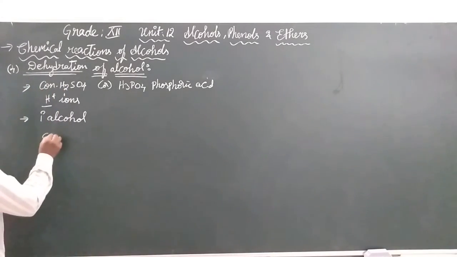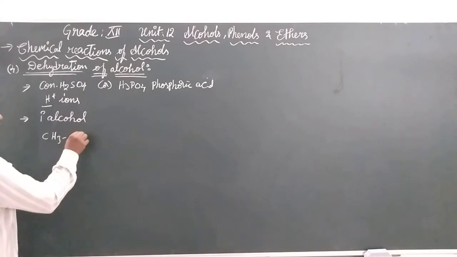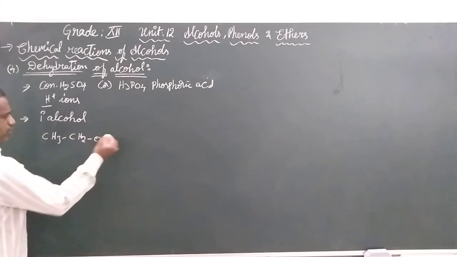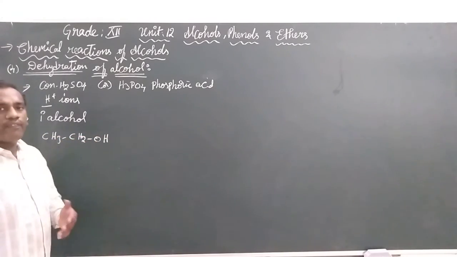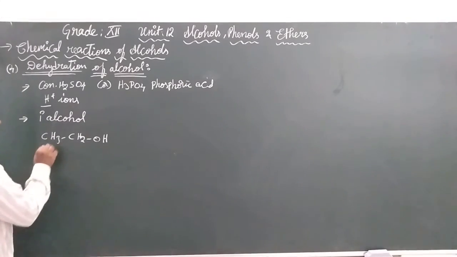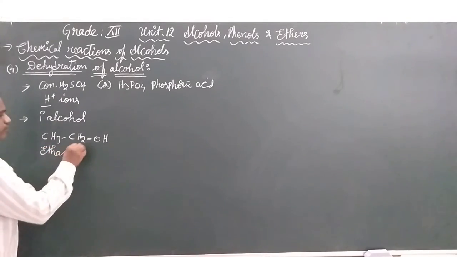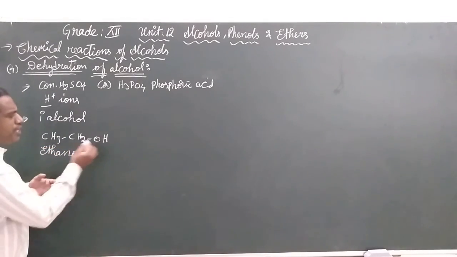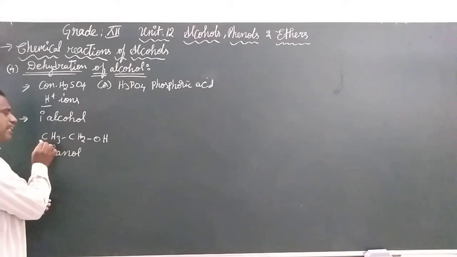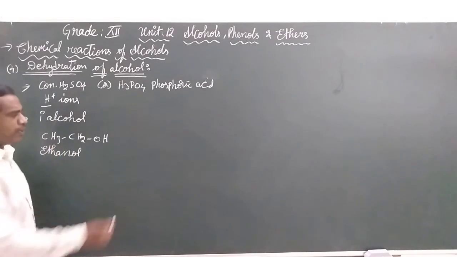Like you can use CH3CH2OH, that is what we generally call ethanol. In this, the OH bonded carbon is directly bonded to only one carbon.